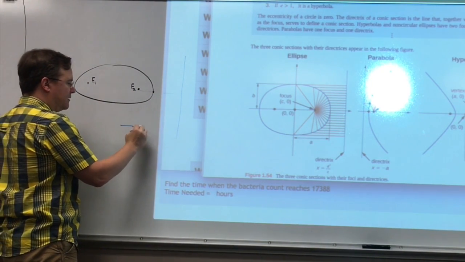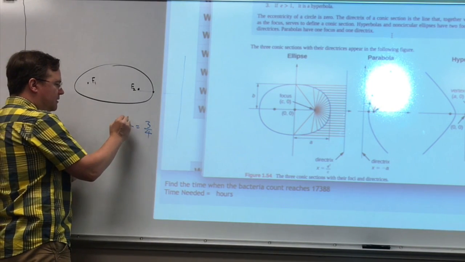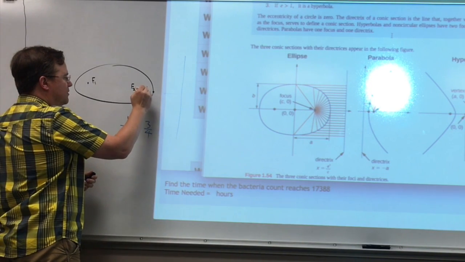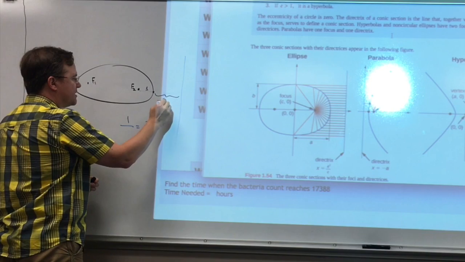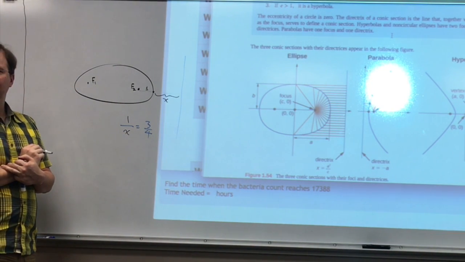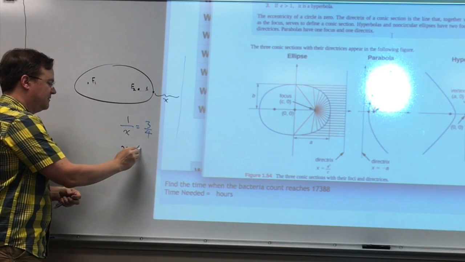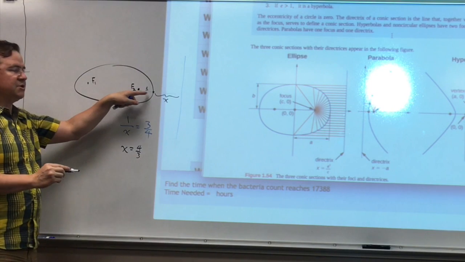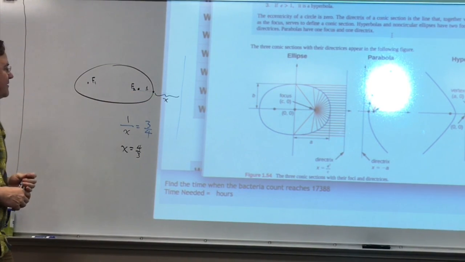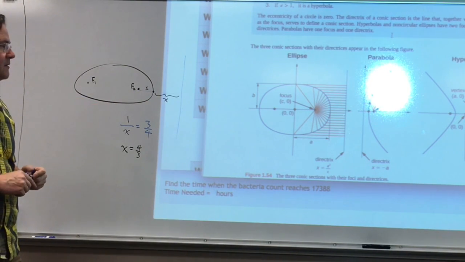So if this distance is 1, then this distance right here, call it x, would not be 3/4. No, it'll be 4/3, which makes sense, because again, that's supposed to be shorter than that. Yeah, so that's the distance to the directrix.